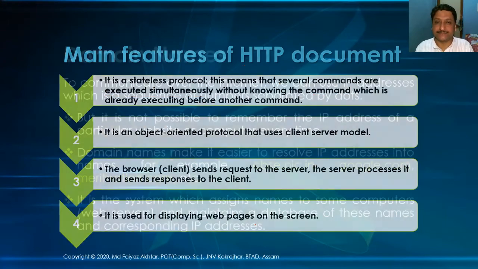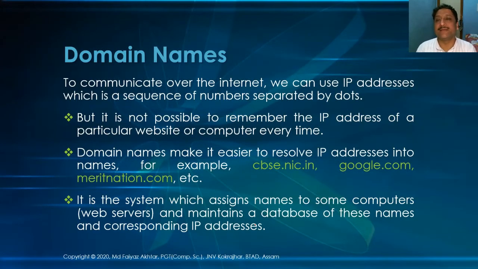Now we have come to the next topic, domain names. What is a domain name? To communicate over the internet we use IP addresses, which are sequences of numbers separated by dots. To communicate over the internet, IP addresses are needed. Through IP addresses, nodes on the internet communicate with each other. Whatever number of nodes are connected to the internet, each and every node has one IP address, a sequence of numbers separated by dots.